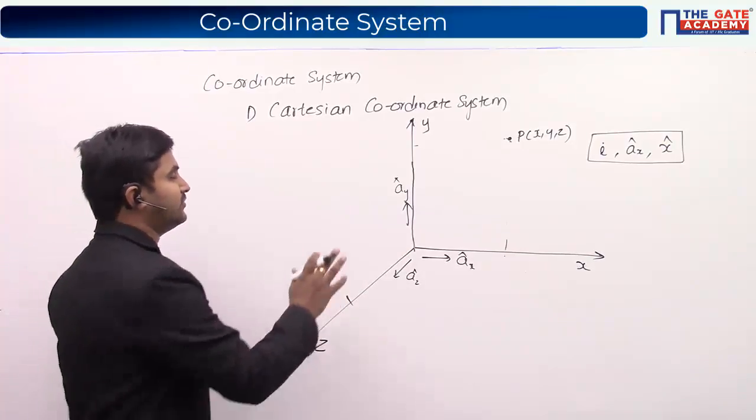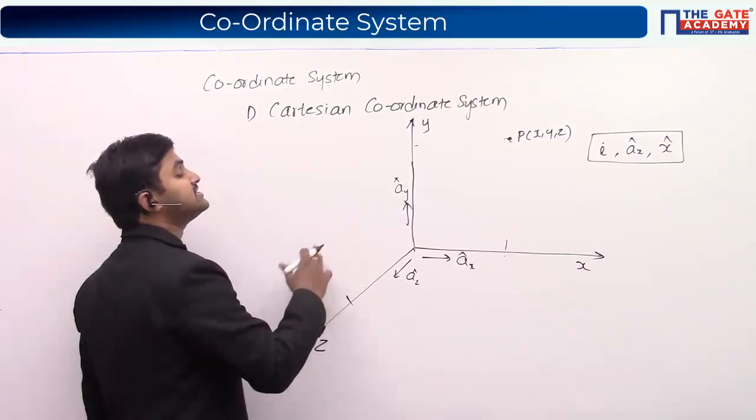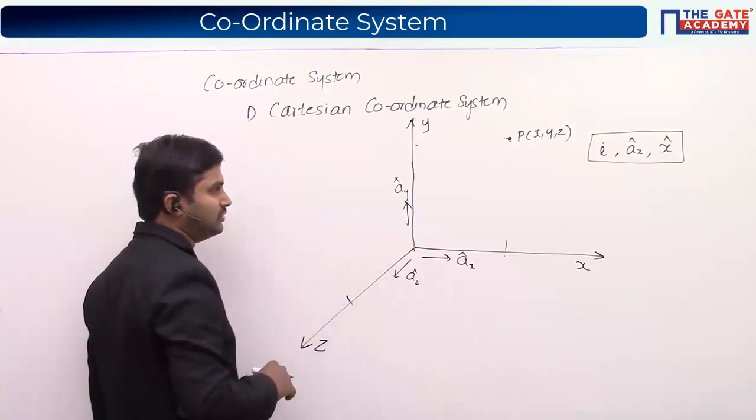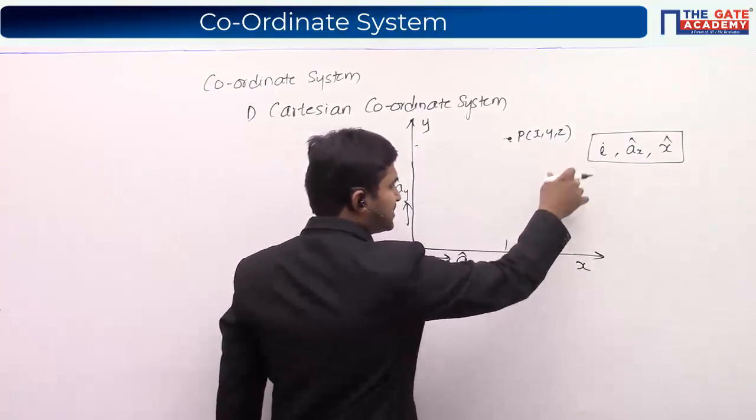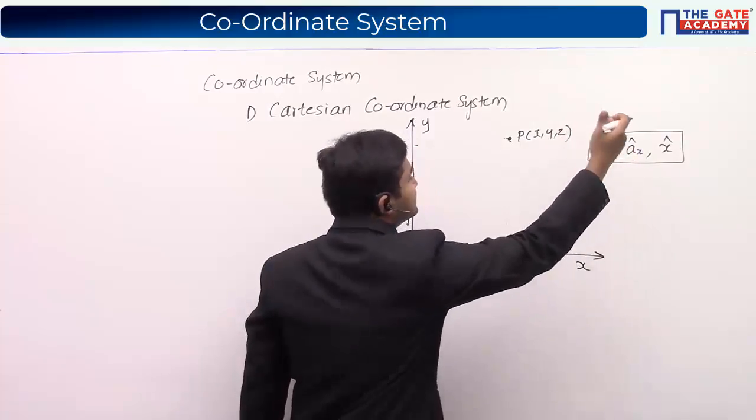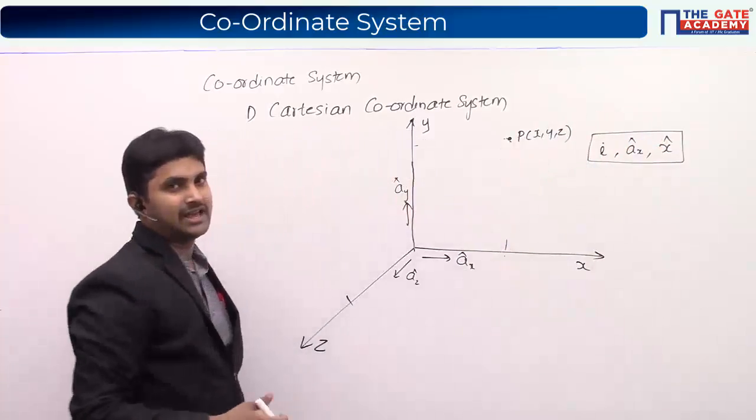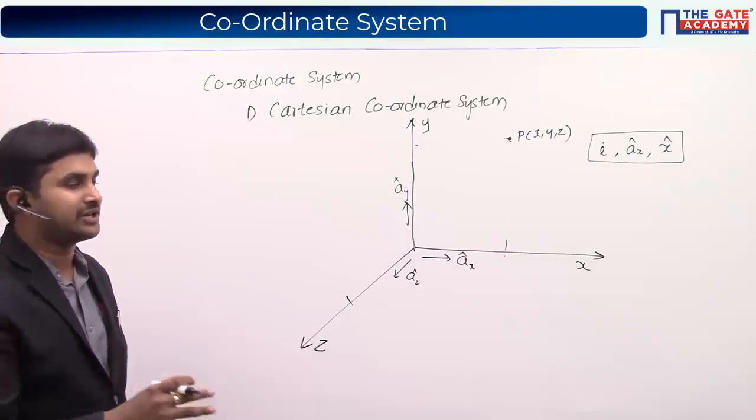These three unit vectors are very, very important. Sometimes in the GATE examination they will use i cap, sometimes x cap, and in some questions Ax cap. Only thing is that you have to be comfortable with the notations.